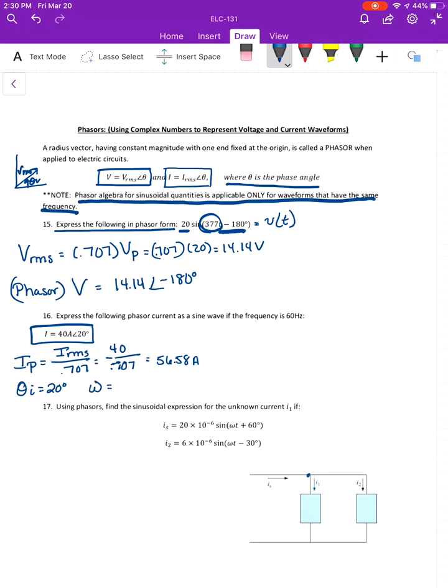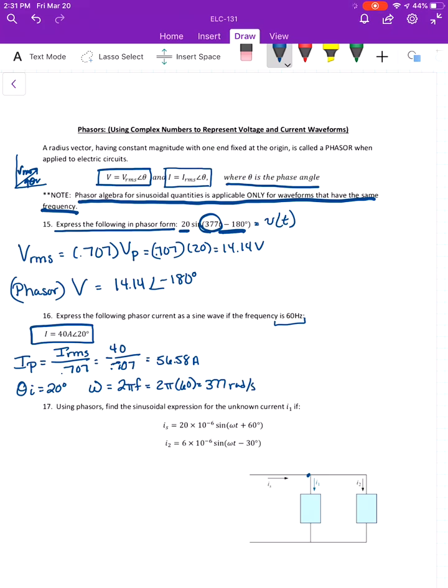We don't need it in the phasor, but we do need it for our equation, and that is just 2 pi f. And they gave us the 60 hertz in the problem statement itself because, again, we don't have it in the phasor. So 2 pi times 60 gives us about 377 radians per second.